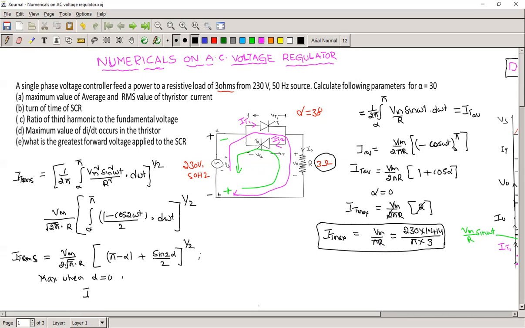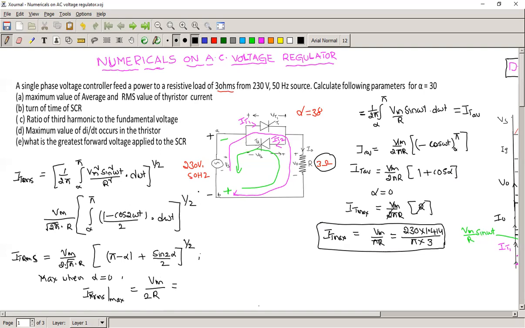So IT RMS maximum equal to Vm by 2R. This is the maximum value of RMS thyristor current.